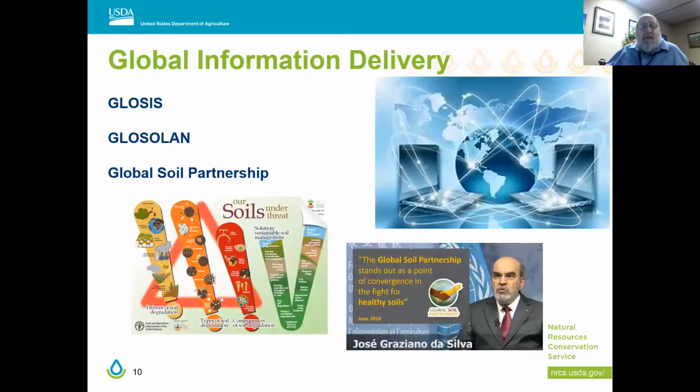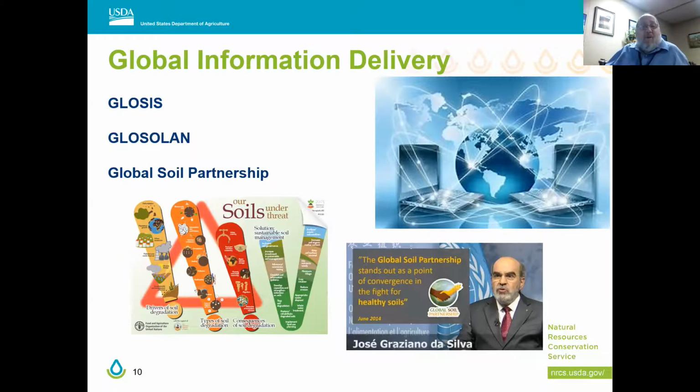And we are continuing to work on a global level. We're working with the UN, with the Food and Agriculture Organization, through things like GLOSIS, the Global Soil Information System, that will allow other countries to talk to each other with their information systems about soils.